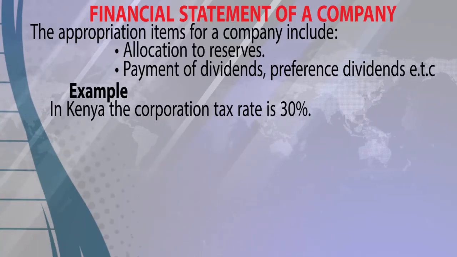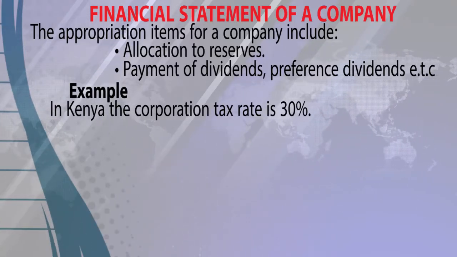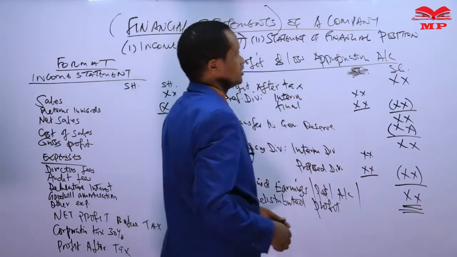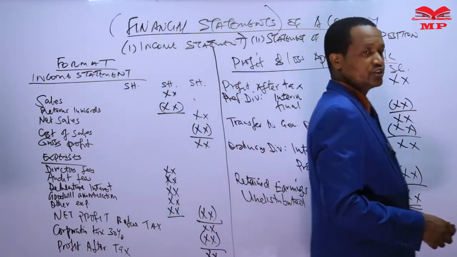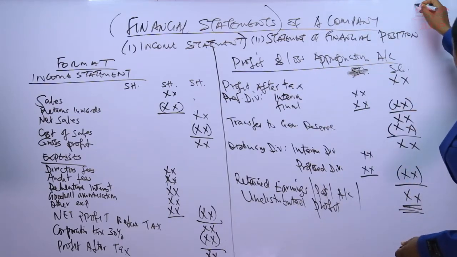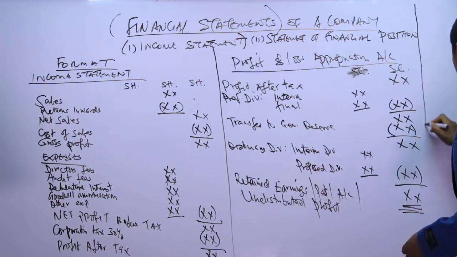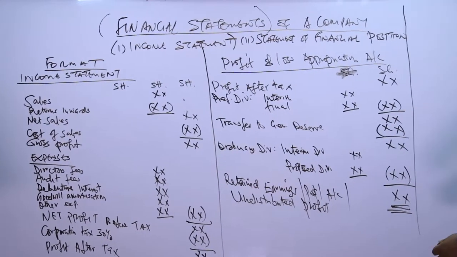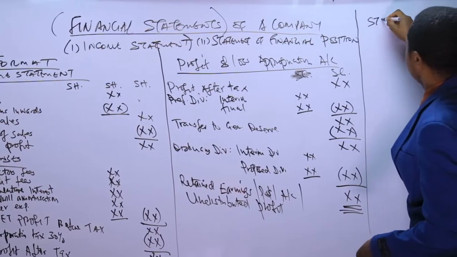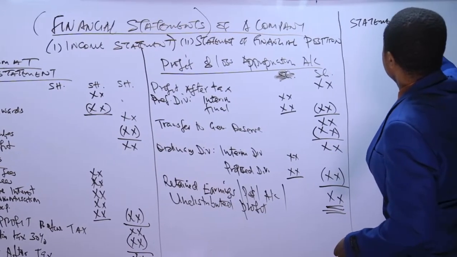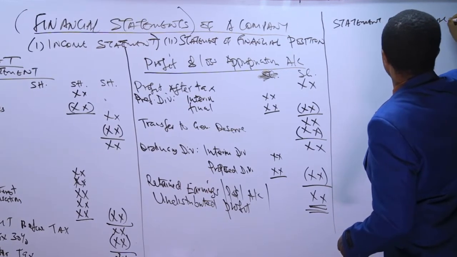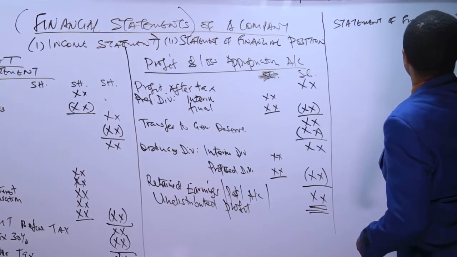So we will proceed and look at the statement of financial position, which is also known as the balance sheet. The balance sheet of a company. That is the statement of financial position.